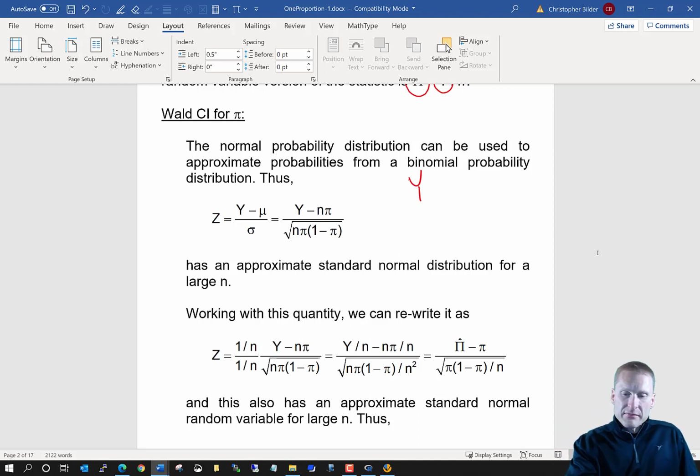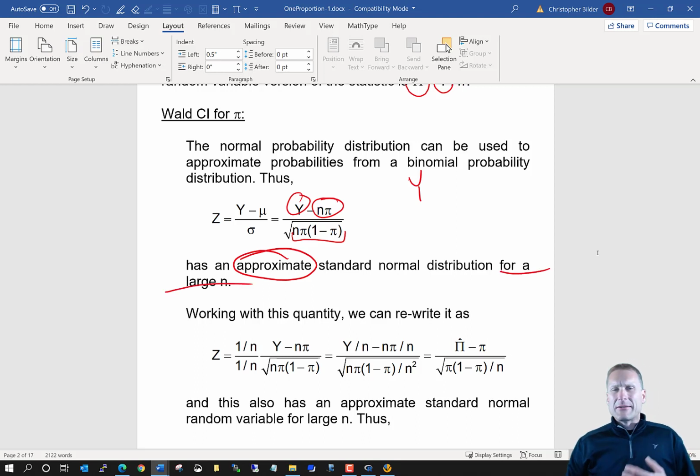So we take y, subtract off the expected value of y, and divide by the square root of the variance of y. This has an approximate standard normal distribution for a large n. Generally that works, but it doesn't work as well as what we've seen in the past for the central limit theorem. It doesn't work as well in certain situations. We'll talk about that later.